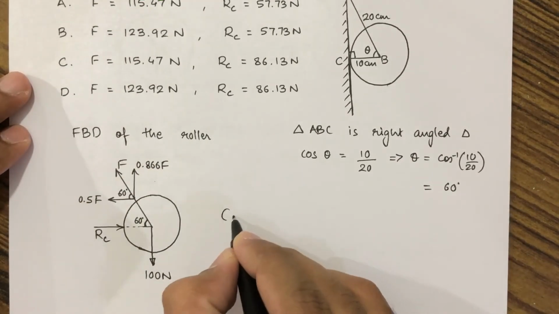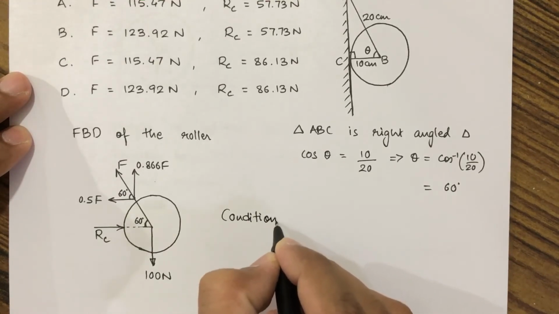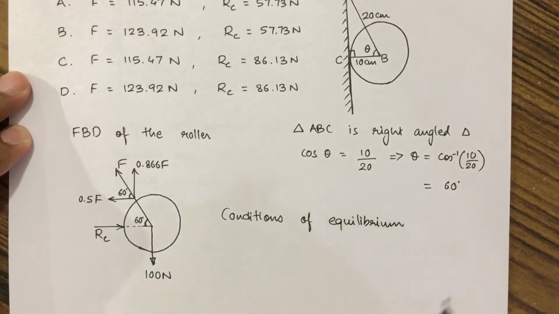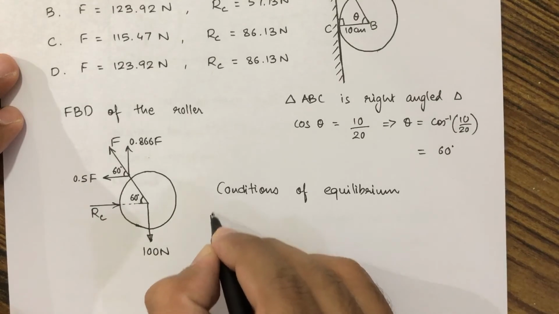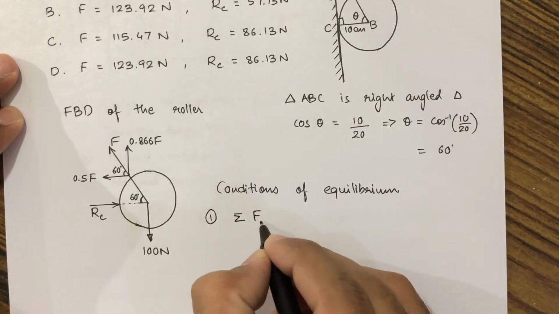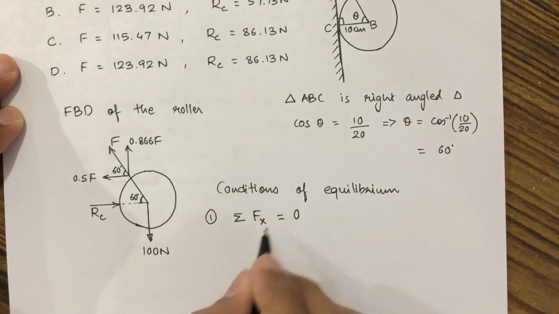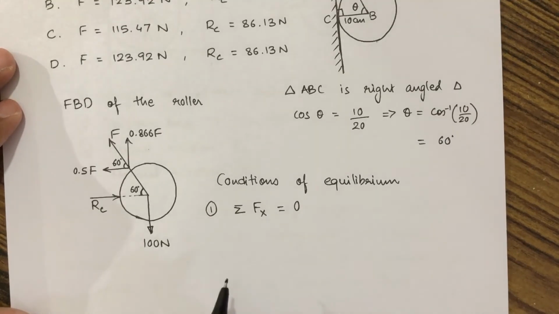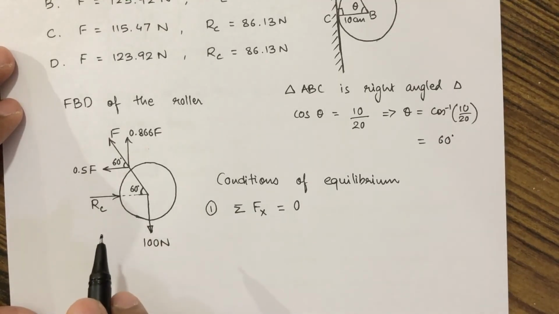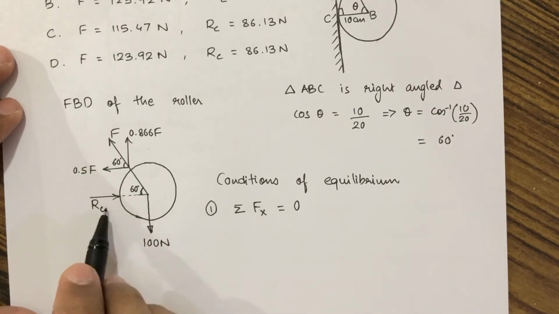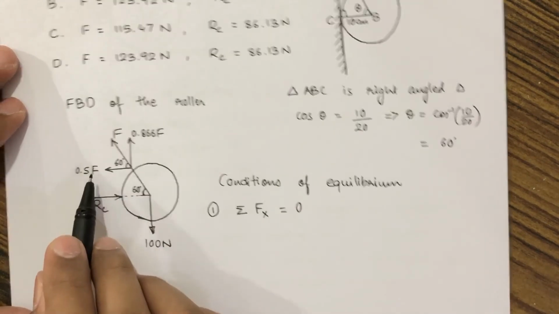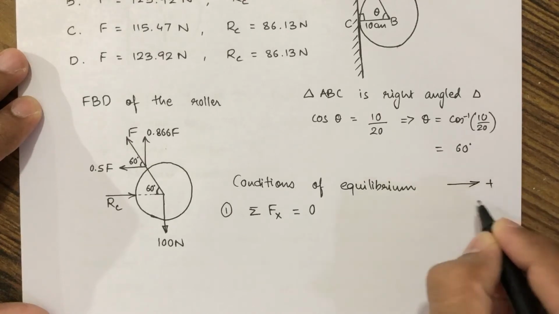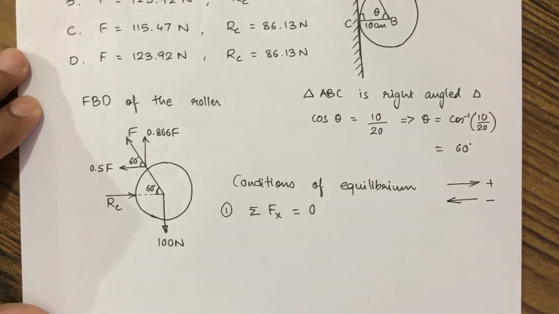Now, what are the conditions of equilibrium? There are three conditions. First condition is that the algebraic sum of all the horizontal forces should be equal to 0, that is, summation Fx should be equal to 0. Here we have RC as a horizontal component and 0.5 F as the horizontal component. One thing we have to keep in mind is that rightward force will be positive and leftward force will be negative.